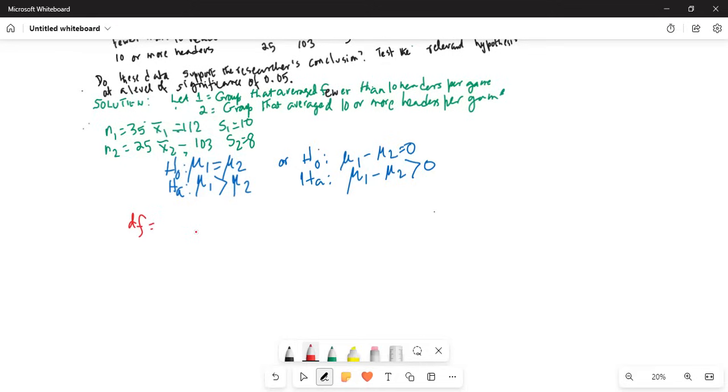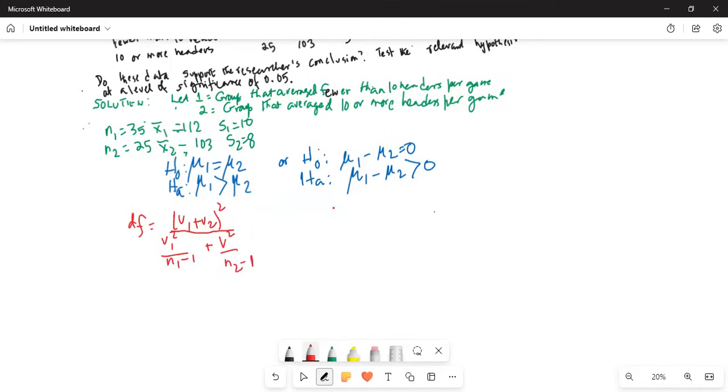We have two samples coming from two populations, so the degrees of freedom is given by (V1 plus V2) squared divided by V1 squared over (n1 minus 1) plus V2 squared over (n2 minus 1).